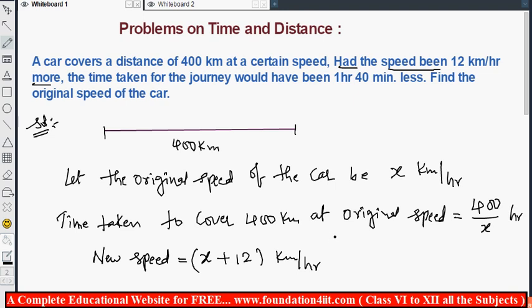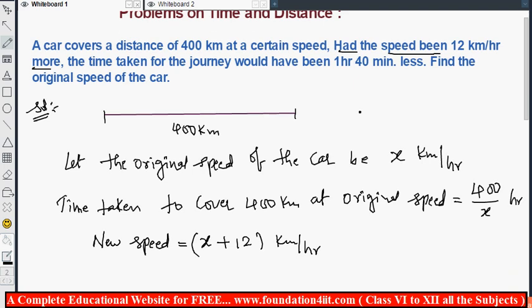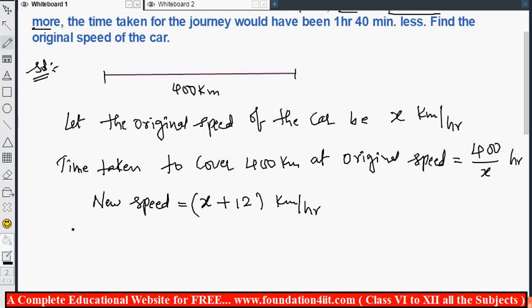Now at the new speed we will find the time again. Overall the time is 1 hour 40 minutes less, but we can find the time now using the normal time formula.